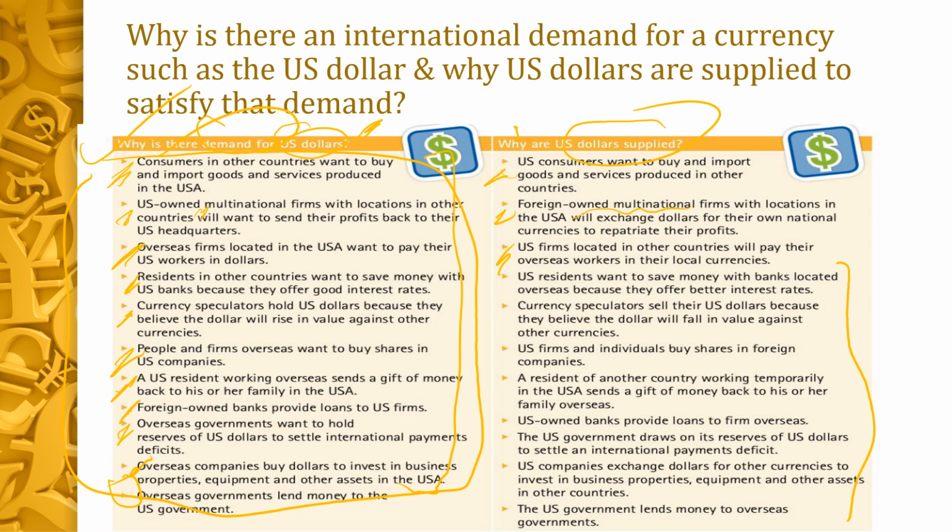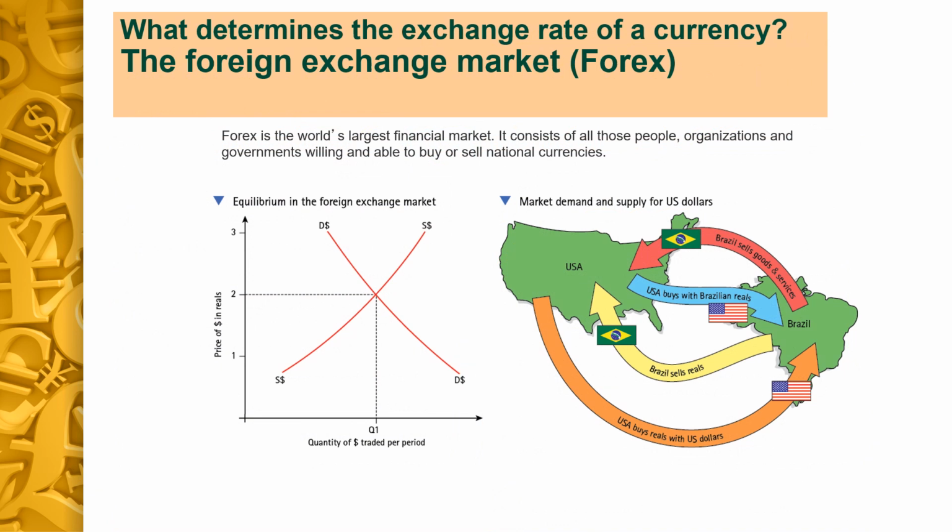Okay, when will the US dollar be supplied? So for example, the US government lends money to overseas governments. They will lend them in the US dollar. What determines the exchange rate of a currency? First of all, we said before, where we exchange currencies, it happens in something called the foreign exchange market, or I can call it Forex.